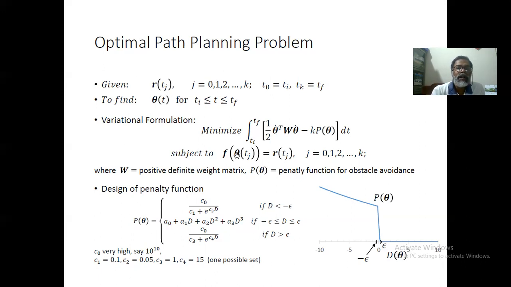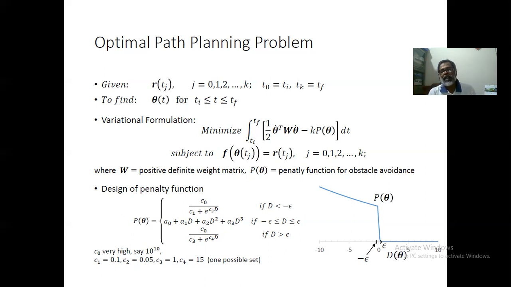So now you make a full variational formulation, either by finding the Euler's equation of this and then solving them, or discretize it at this stage itself rather than going up to the boundary value problem. Discretize it and get it in the form of a minimization problem of a large number of variables.